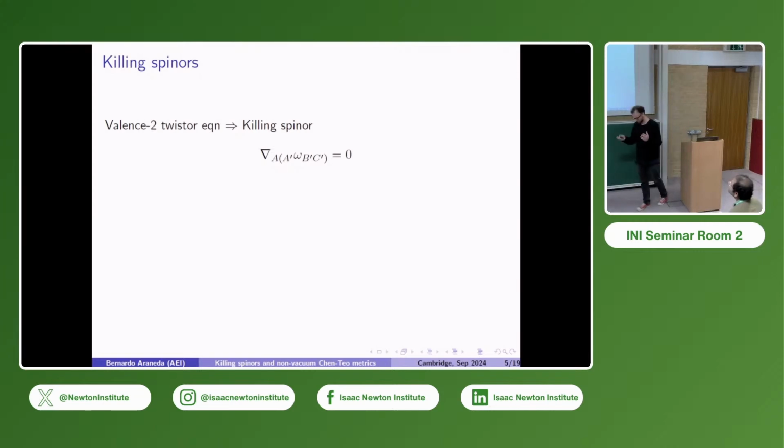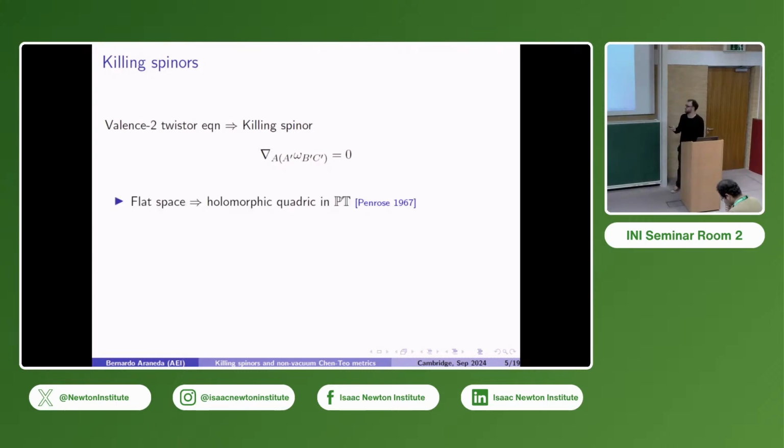This imposes some strong restrictions on the curvature. So maybe a natural thing to look at is the next simplest case, which is the valence 2 twistor equation. The solutions to this equation are called Killing spinors. This is the valence 2 twistor equation.